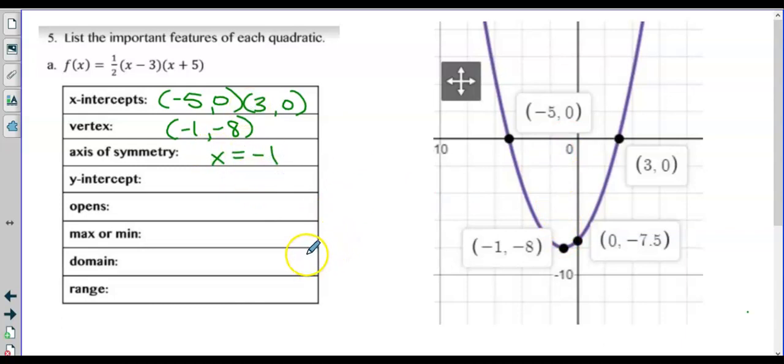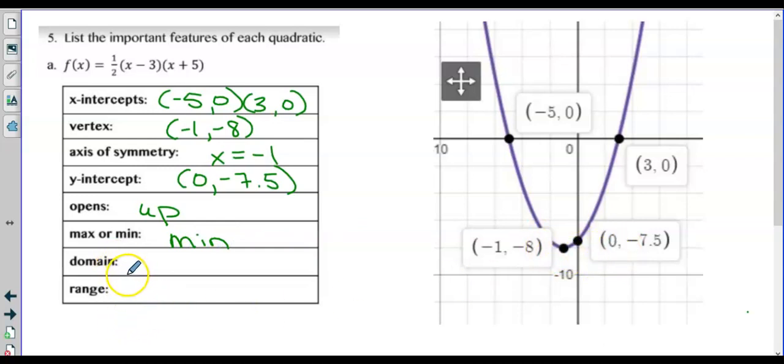The y-intercept is at 0, negative 7.5. It opens up. The maximum or minimum, it has a minimum down here, and the minimum is at negative 8.